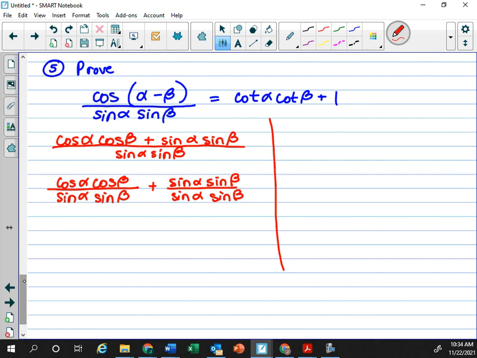You've got cosine over sine with alphas. You have cosine over sine with betas. So you can have a cotangent of an alpha, a cotangent of a beta, and then plus, what does that other fraction turn into? 1. And you're done.